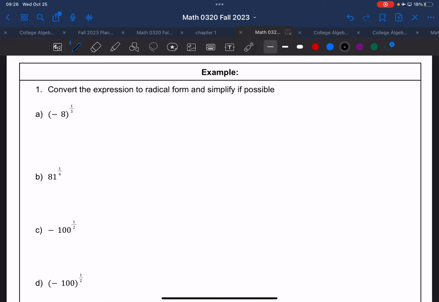So we're taking this number that's raised to a power and turning it into radical form. We said that 1/3 power is the same as writing what? Cube root of -8. So we took that 1/3 and converted it to cube root.